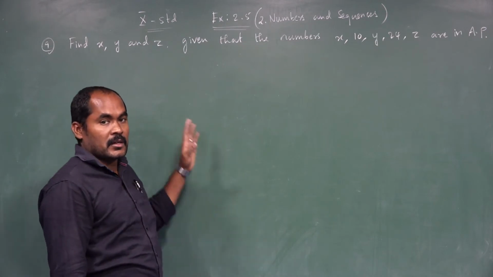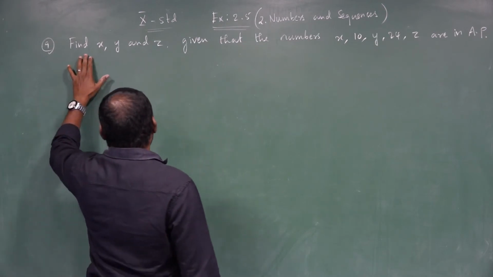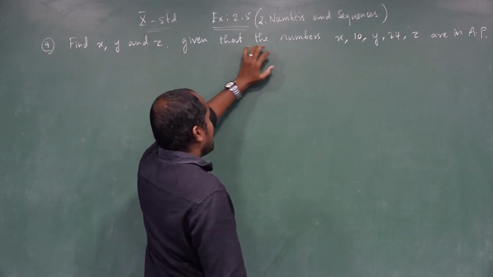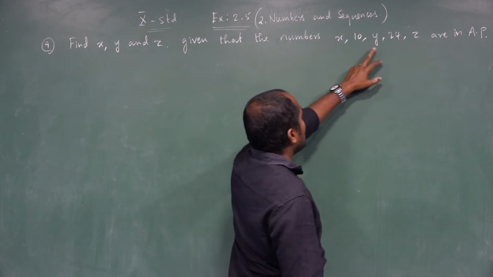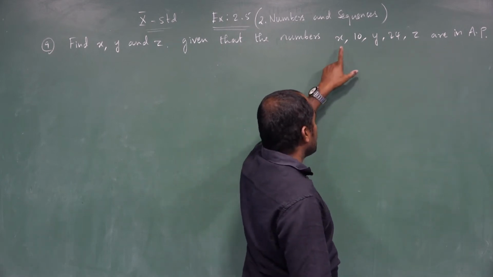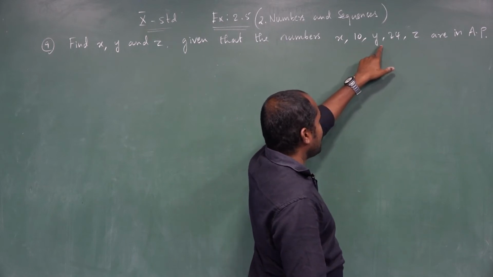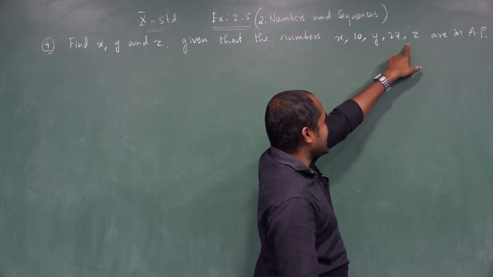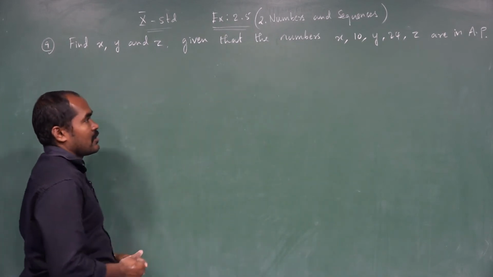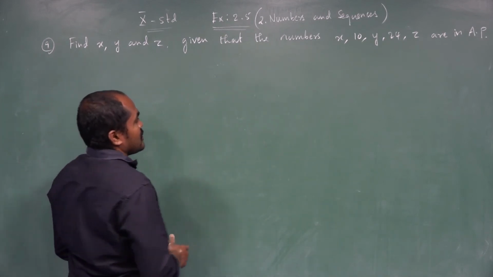So next, ninth question. Find x, y and z given that the numbers x, 10, y, 24, z are in AP. Find the unknown numbers x, y and z.